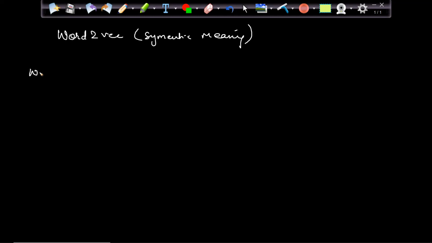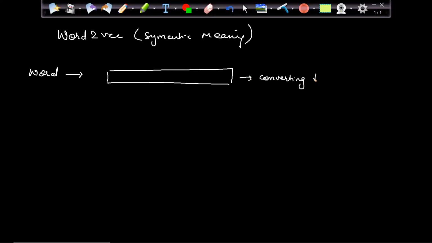So normally what happens is that suppose there is a word. The main idea is that I will convert this word into a vector. Just a single word will get converted into a vector, right? So basically I am converting this to a vector of d dimension, where typically this d dimension can be 50, 100, 200 or 300 or any numbers, right?